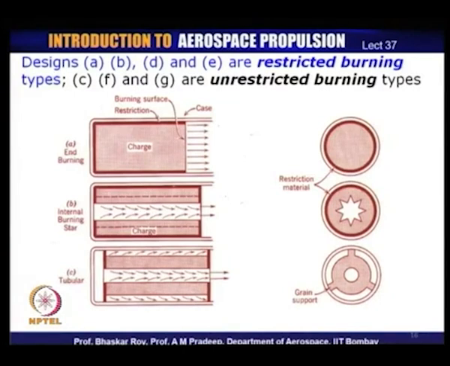The third one which you see here is one of unrestricted burning, in which a number of surfaces are open to burning. The two ends have a certain amount of restriction, but all the other surfaces are open to burning. The outer annulus and the inner hole are open to burning. You have three supporting structures over here to hold the grain in place, otherwise they may move around or move off.